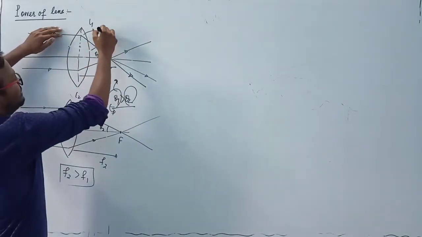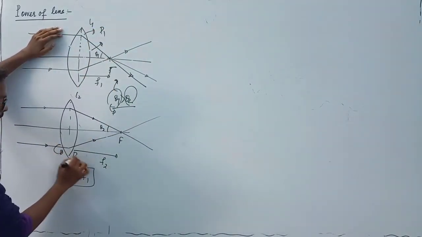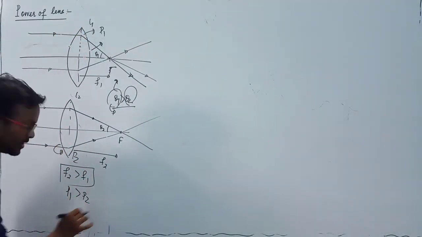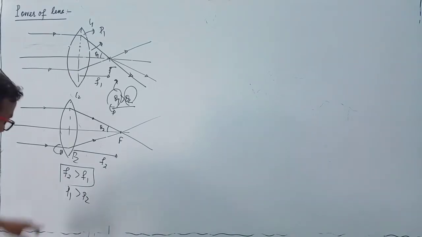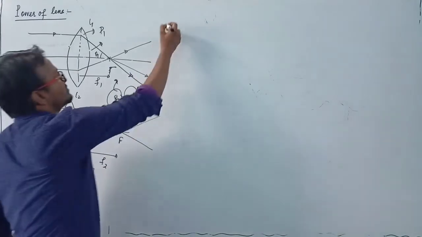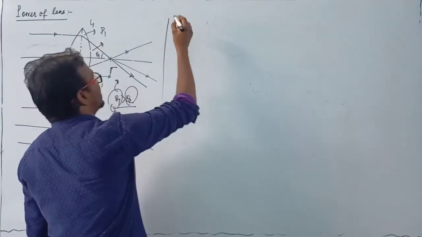If we take the power P1 and the power P2, then P1 is greater than P2. So that means power is the reciprocal of focal length.